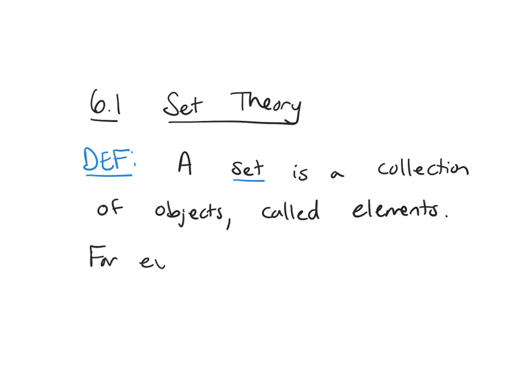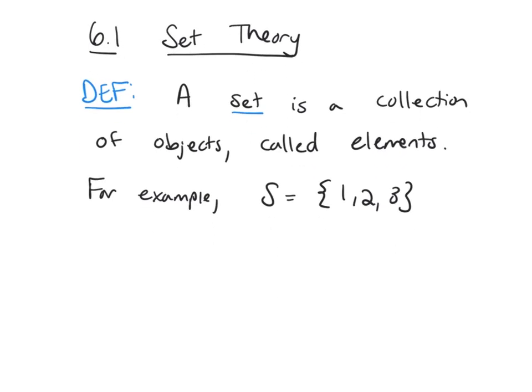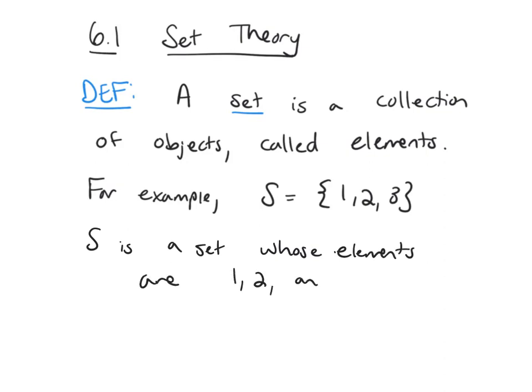So for example, let's say S is the collection of 1, 2, and 3. So I would say S is a set whose elements are 1, 2, and 3.